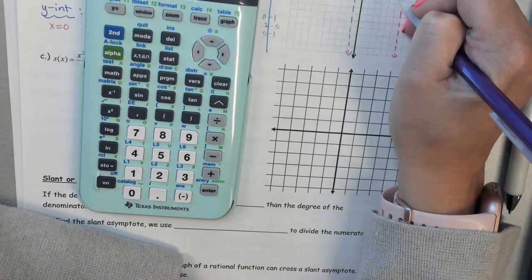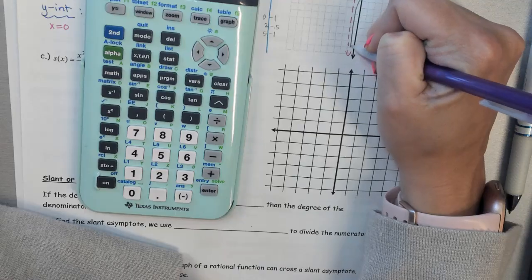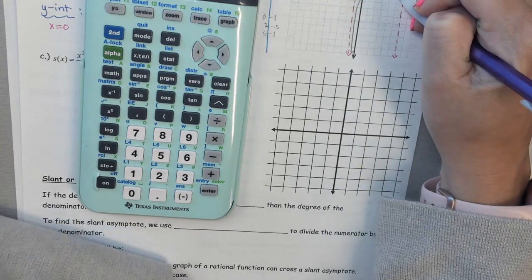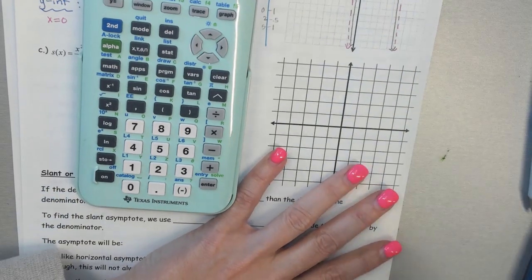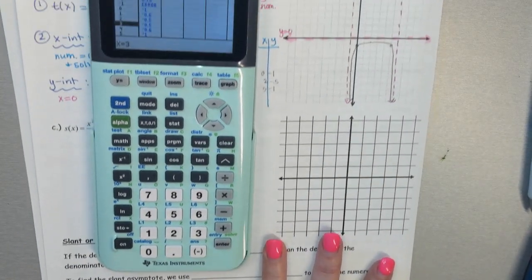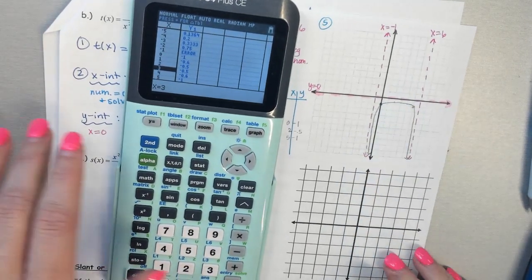Okay, and then this is going to be just a very slight curve, and it's going to follow this asymptote down. It's going to follow this one down. It's a pretty broad curve that I have here.